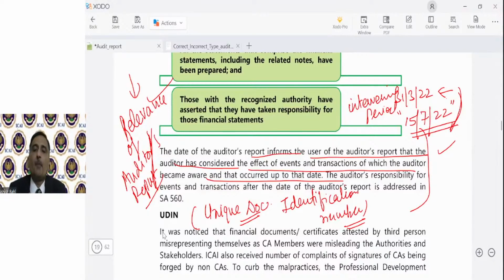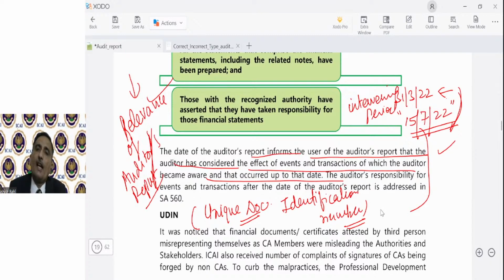Every practicing member has to go to the portal, log in, and fill some fields like the PAN of the entity, the period covered, and the type of engagement, say whether it is an audit.